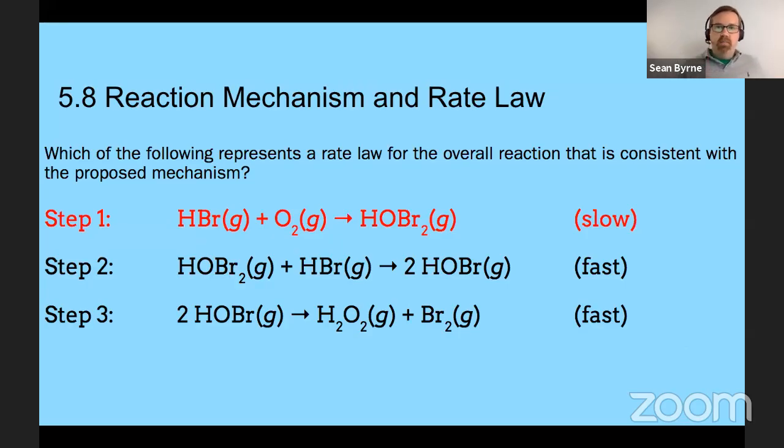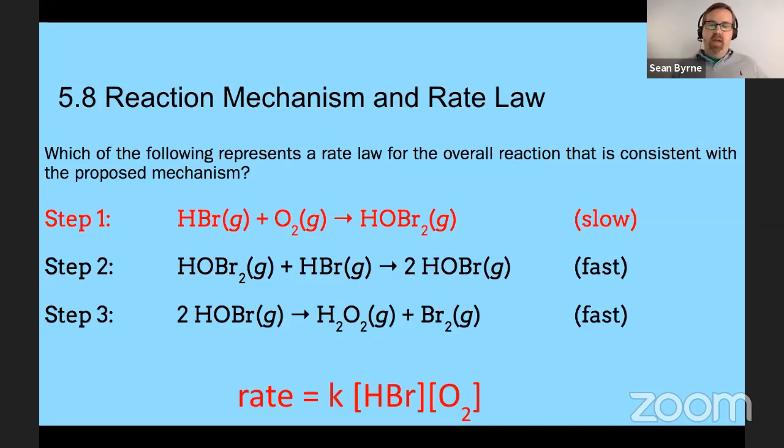It's the slower step, right? And so the rate would be equal to k, some constant, times the concentration of HBr times the concentration of O. Okay, so at least for right now, I'll show you one exception to that rule in a couple of minutes, but in general, we're going to look for the slow step. We're going to define that as the rate determining step and write our rate from there.